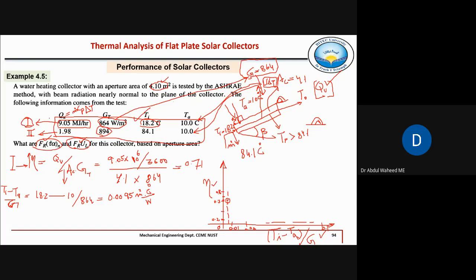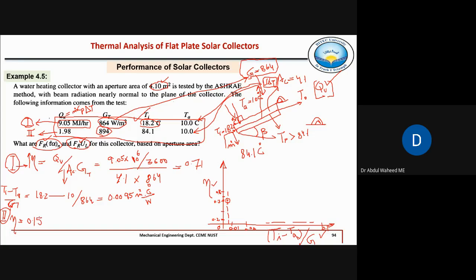Now the same collector, but with a different TFI, and this is the measured data. So we will calculate this efficiency again for the second case. I will write directly the answer of QU divided by AC GT for the second case, and that is only 0.15.